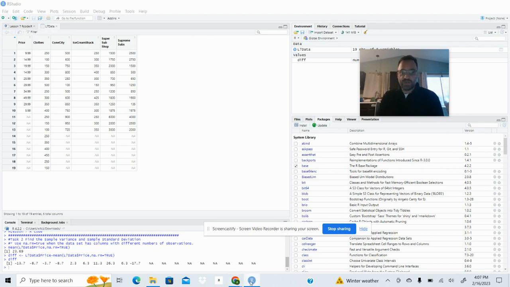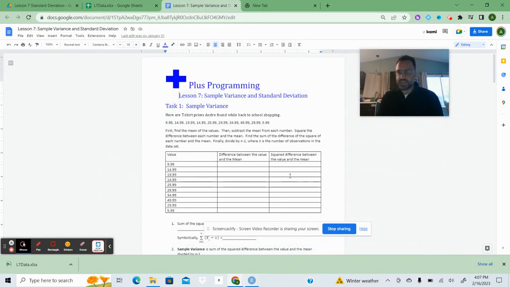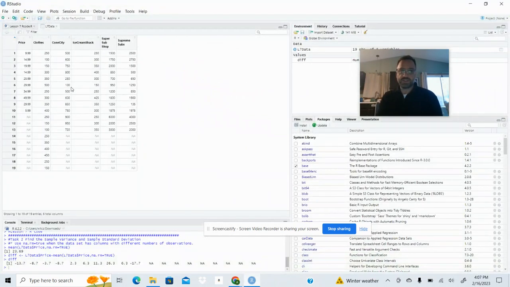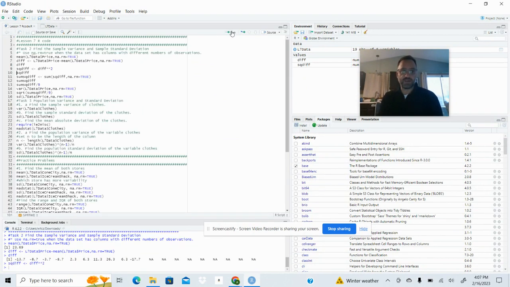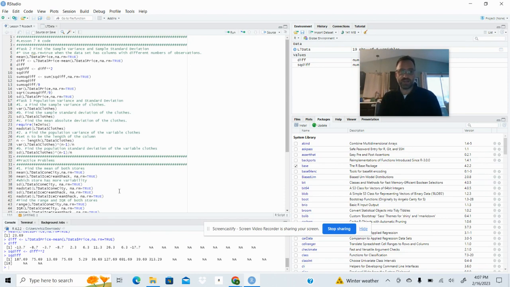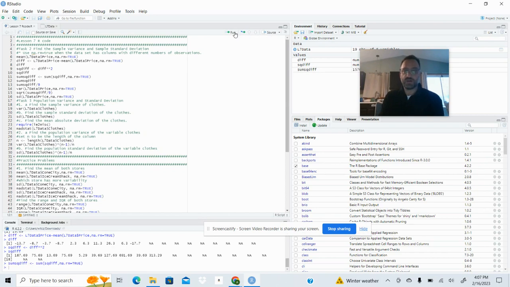So what you do after that is we need to find the square difference between the value and the mean. So after we found the difference, we just square it. So the square difference is that to the second power, again, so you can list that. And then after that, you find the sum of the square difference. So I had to put this na.rm equals true to remove the NA values.